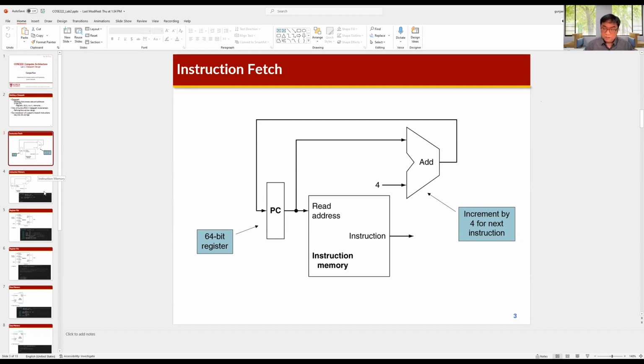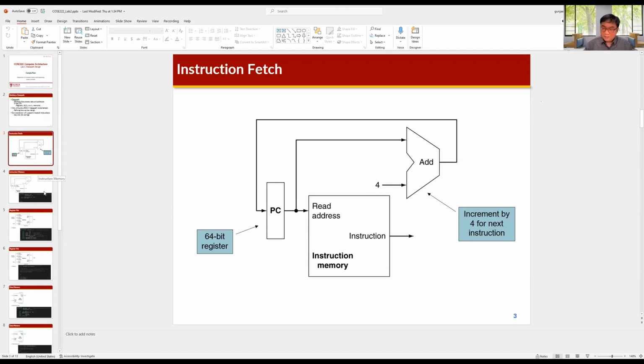What is the operation of the memory? If an address is given to a memory, then the memory generates the output data that is pointed to by this input address. As you know, the instruction memory does not have any write port.